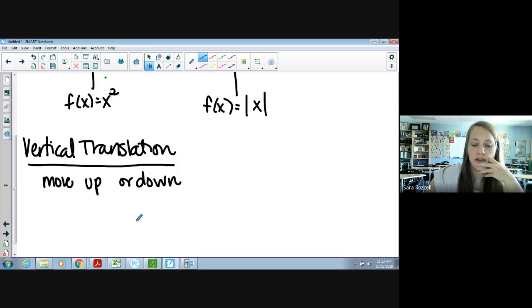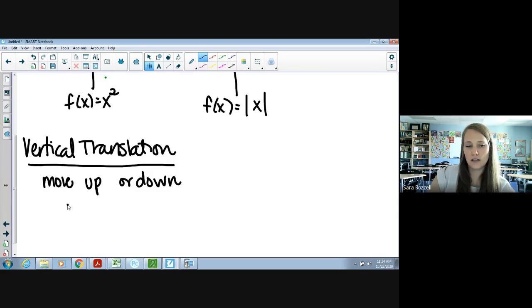So to move something up or down, what we're going to do is we add a number to the very end of our function. So whatever function we had, if we want to move something up, we'll just put plus whatever we're going up. If we want to move it down, we just put minus however many units we want to move it downward. But it's going to be at the end of the function.